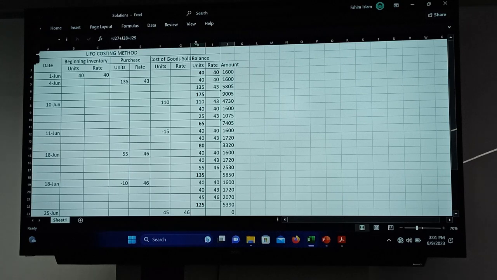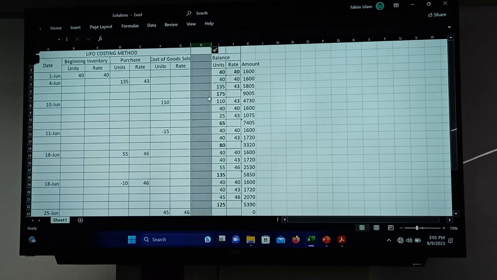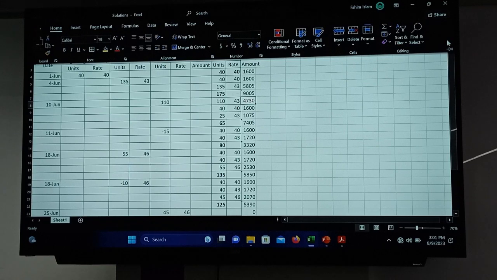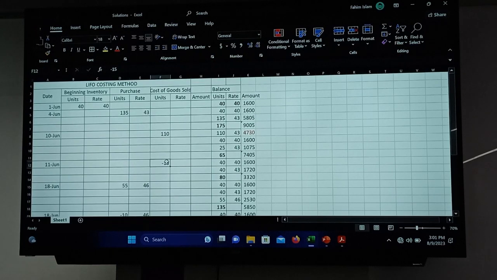And what about cost of goods sold? We just add a column there, and in a similar way, we will multiply the rates. This is our cost of goods sold. 110 units, this is one item, and we will be subtracting that. At 15, which rate?